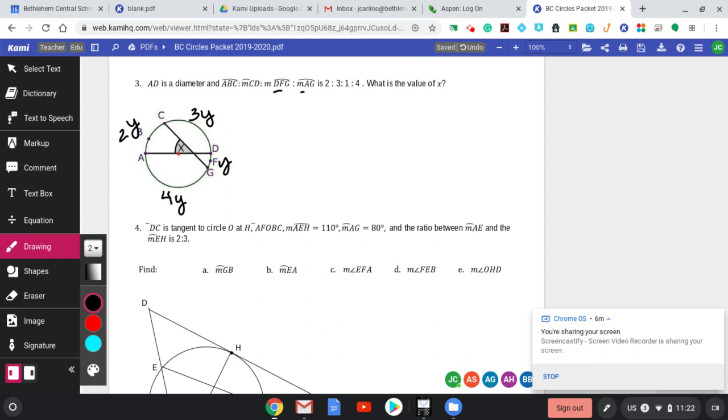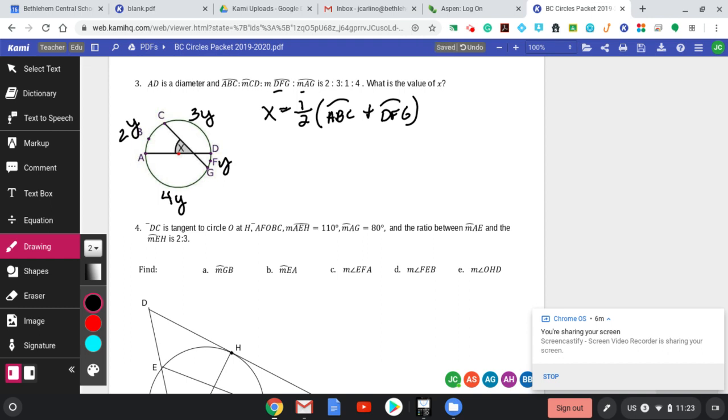Well, if I use my floater theorem, x should be equal to 1/2 of arc ABC plus arc DFG, according to my floater angle theorem. Now, all I need to do is find those arcs.